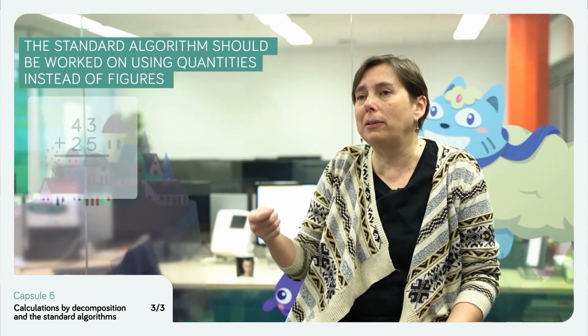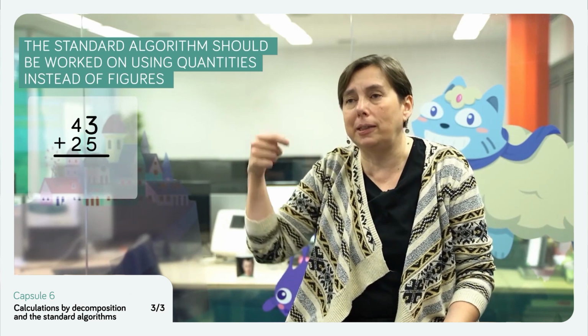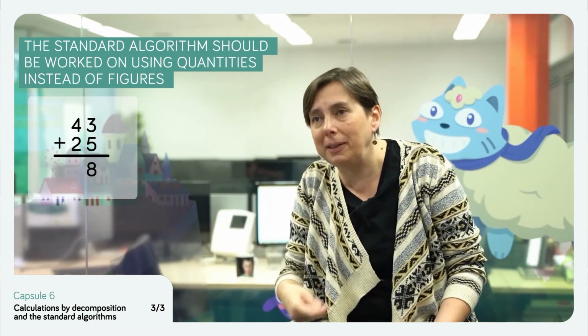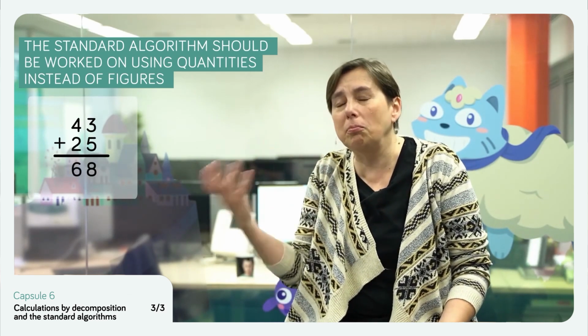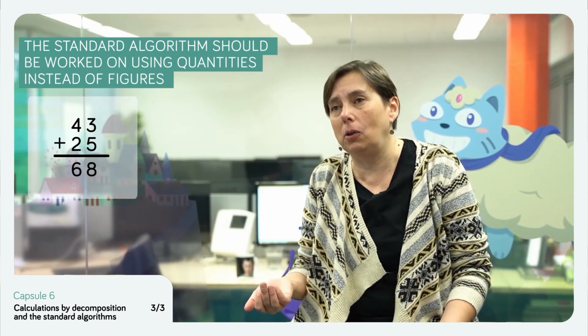If I am calculating 43 plus 25, nothing prevents me from doing 3 plus 5, 8, 40 plus 20, 60. There's no need to stop naming the quantities, the digits. And therefore, I would also keep that knowledge of the huge benefit that standard algorithms have. I would not want to lose it just because I'm working with traditional algorithms.